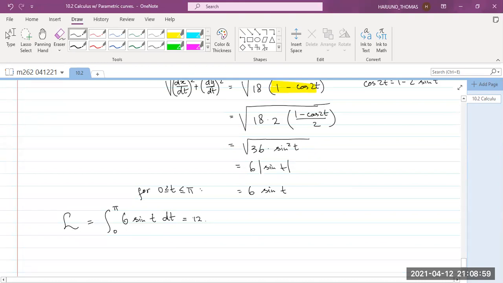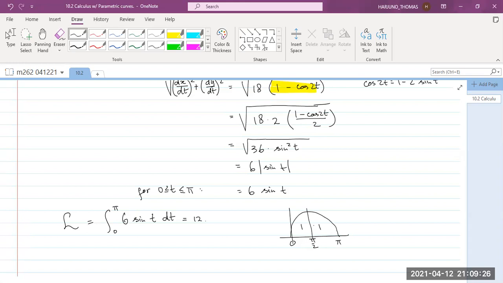Is it right? Yeah, that equals 12. The way I see it is this: the integral of sine t in quadrant 1 is 1, and in quadrant 2 the area is also 1. You can do that integration the long way. You will get 12 anyway.